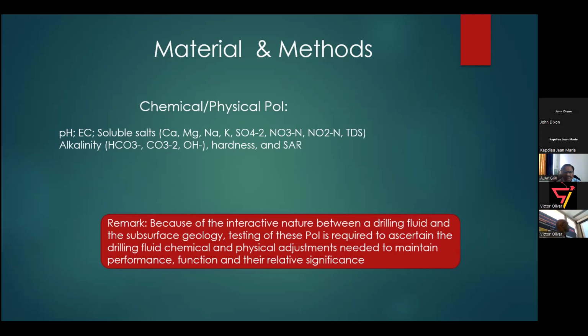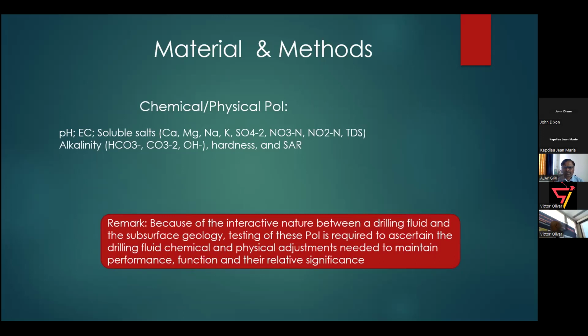By talking with some of the experts in that field, i.e. Amaco, and also talking with Baker Hughes, we focused on the following parameters, starting with pH. That's the recommendation they provided, so we focused on those.